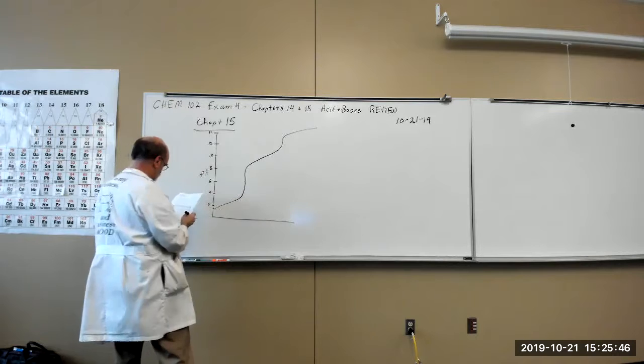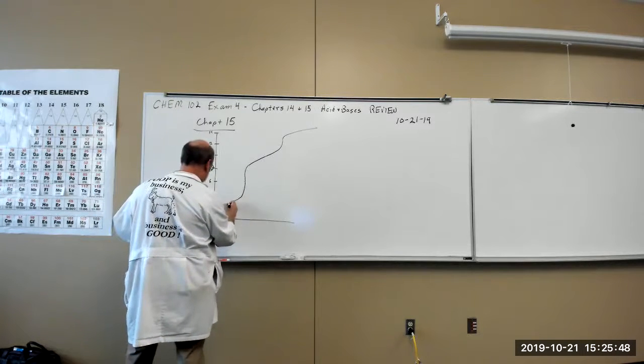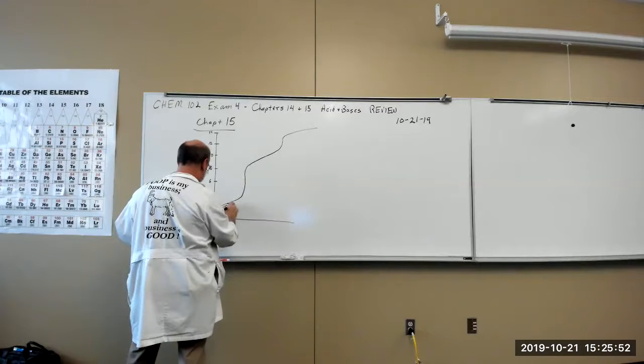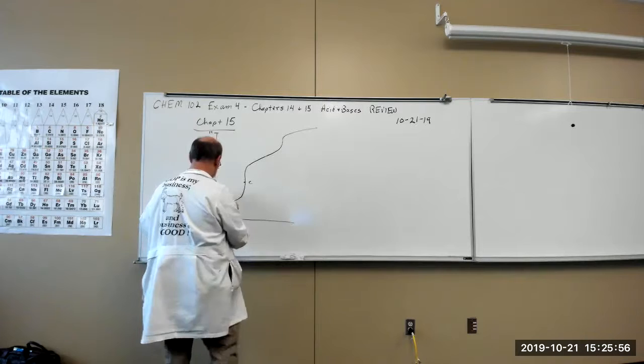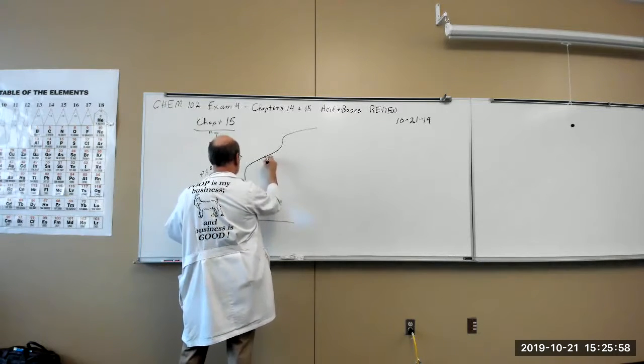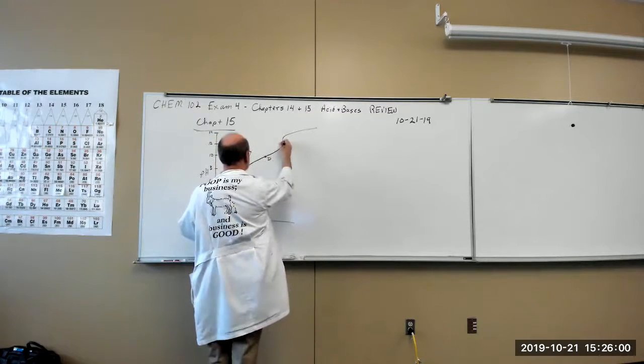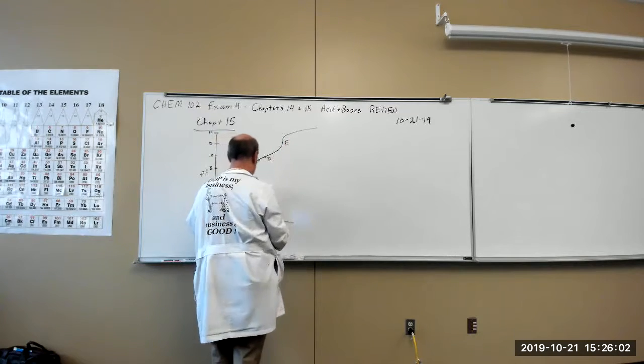There we go. So we've got these positions marked. This one's A, this one's B, this one's C, this one's D, this one's E.